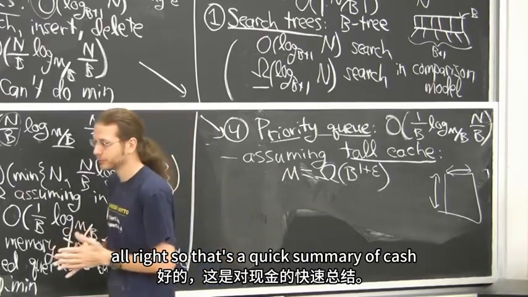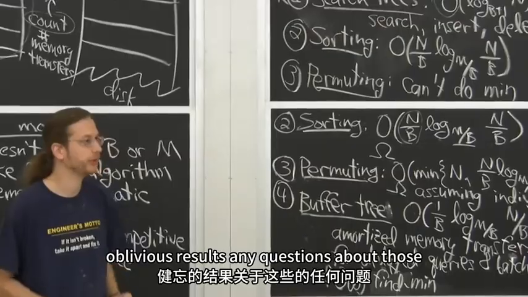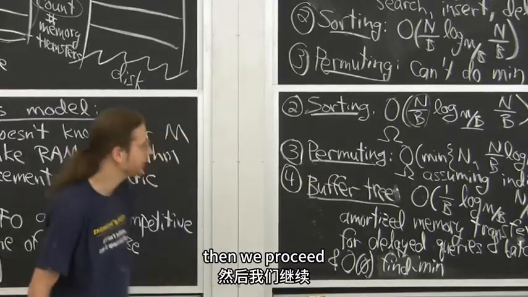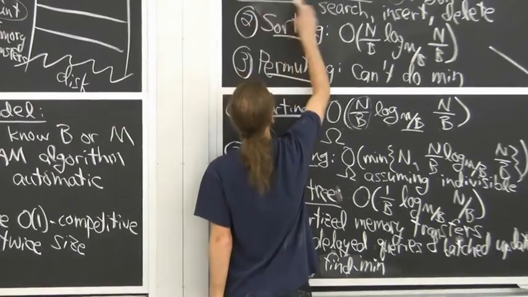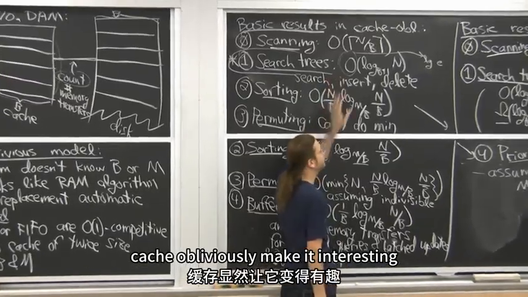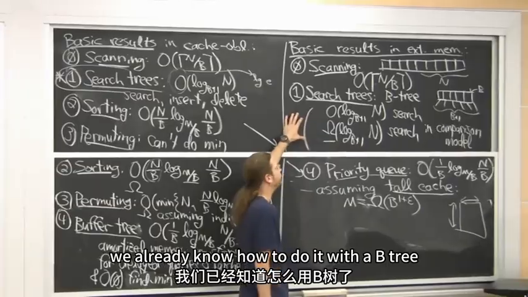All right, so that's a quick summary of cache oblivious results. Any questions about those? Then we proceed into achieving search trees with log base B of n performance, cache obliviously. Make it interesting, because in external memory we already know how to do it with a B tree.